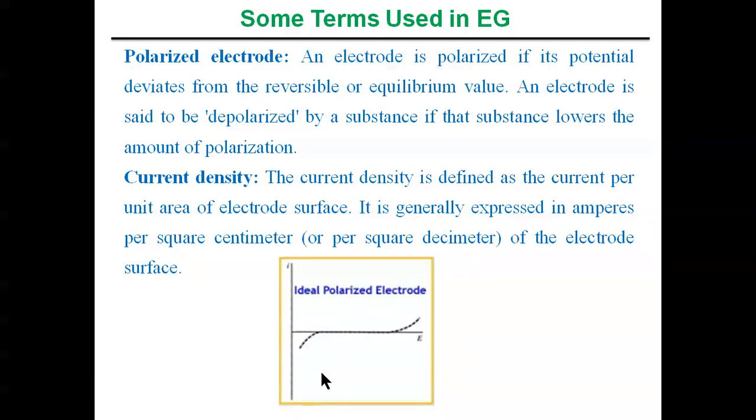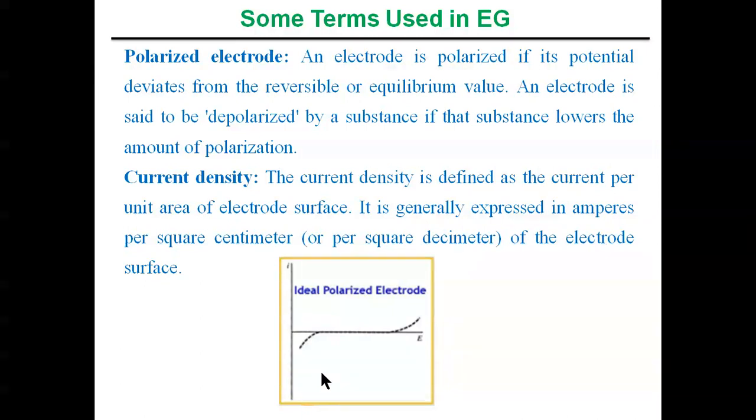In the next video we will discuss more on this electrogravimetric method, like instrumentation and so on. So today we have discussed the basic laws which govern the functions of electrogravimetry.